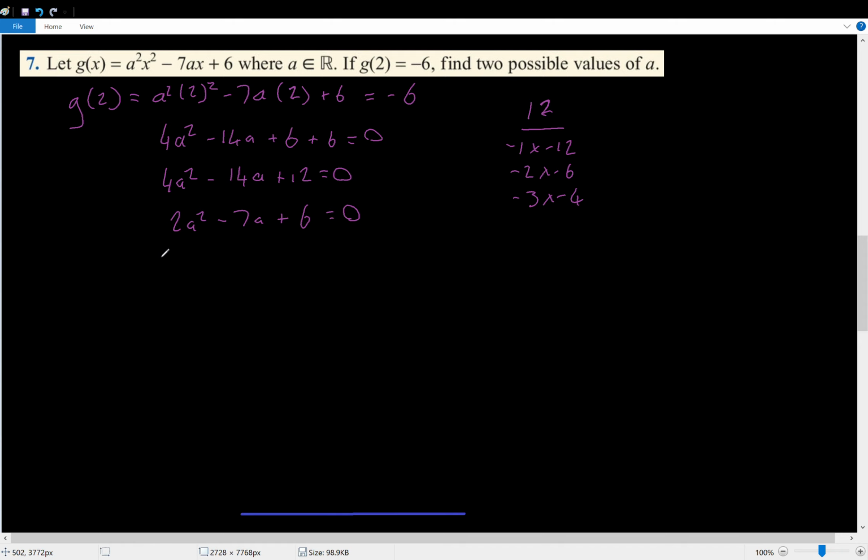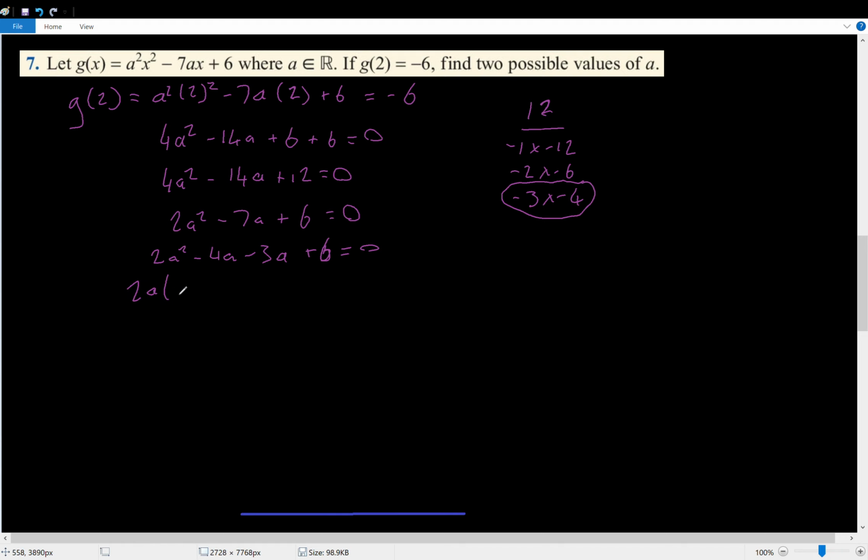Now we're going to split up our 7a using those numbers. So we're going to get 2a² − 4a − 3a + 6 = 0. And now we can factorize that by grouping. So from the first pair, the highest common factor is going to be 2a.